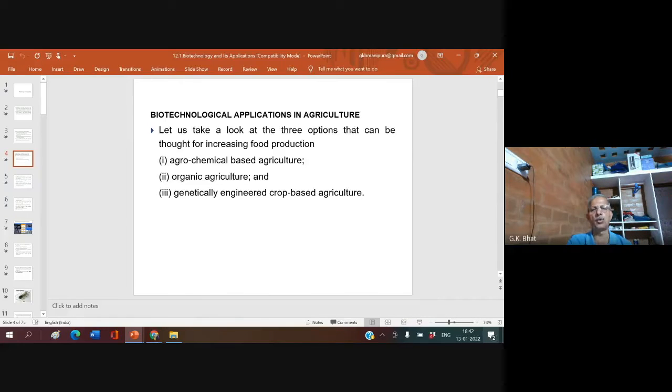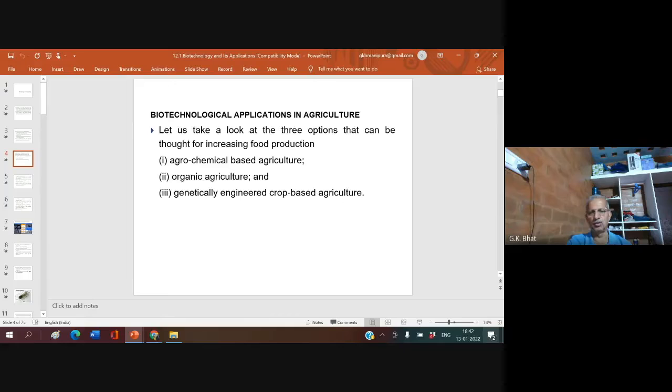One, agrochemical based agriculture, where chemicals are extensively used that enable us to get more product. Two, organic agriculture. And third, genetically engineered crop based agriculture.